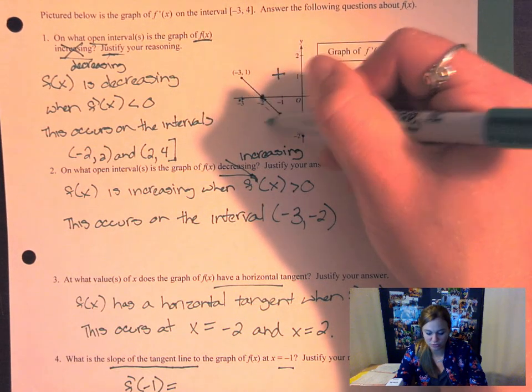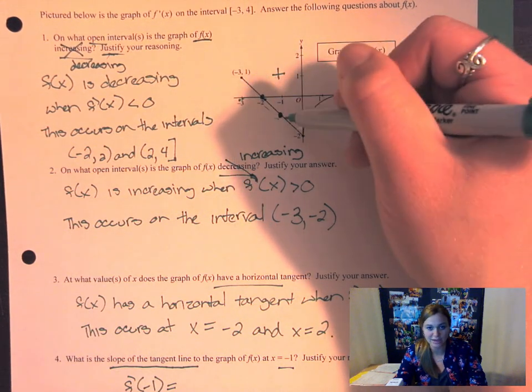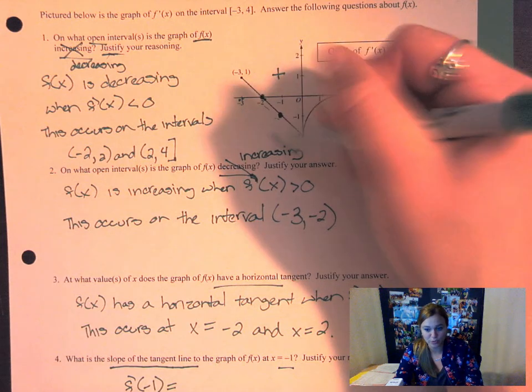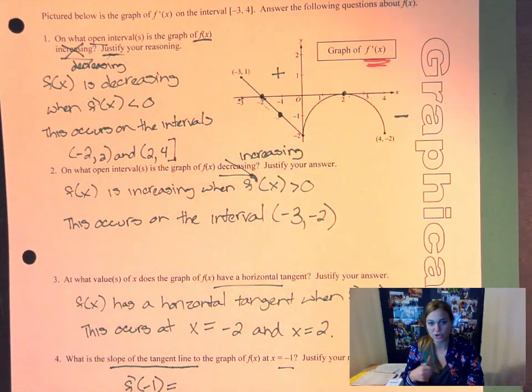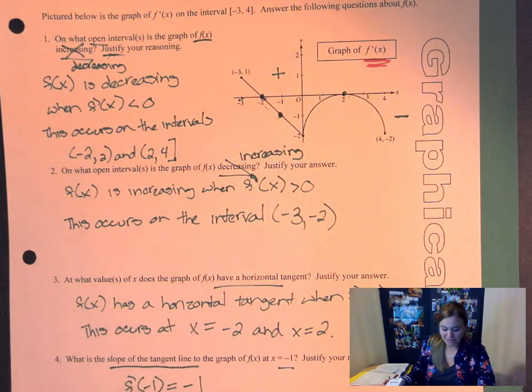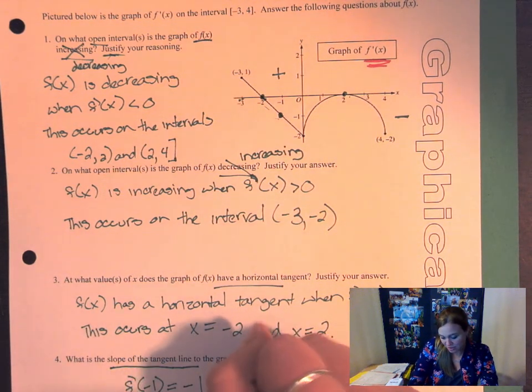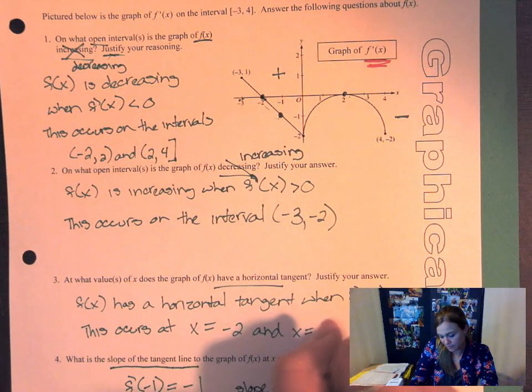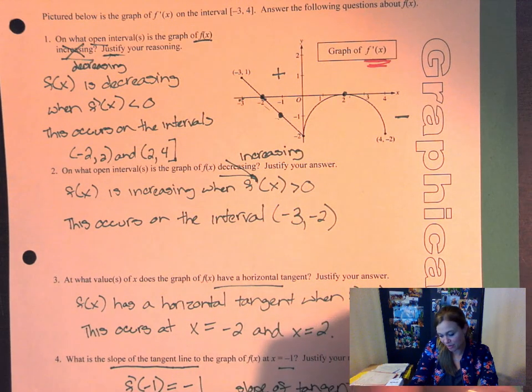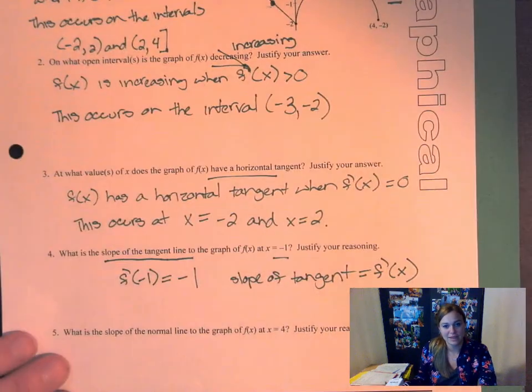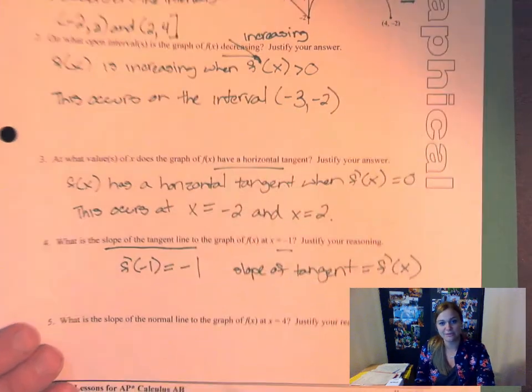So I actually know that this is a point, -1, -1. You can't just assume that, but we actually use the slope to figure it out, so we're good. Slope of the tangent line is -1. And I'm going to say slope of the tangent equals f prime of x. Like, that is my reasoning. I guess I should show it to you. Slope of the tangent equals f prime of x.